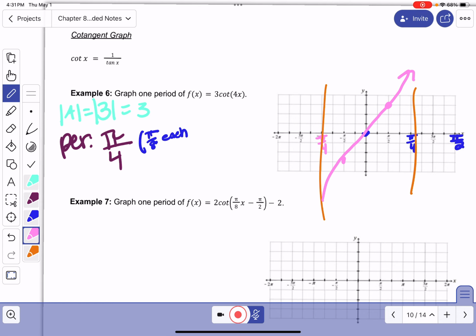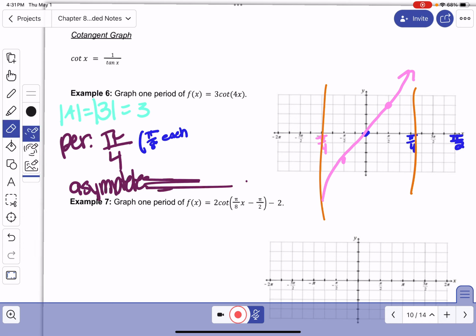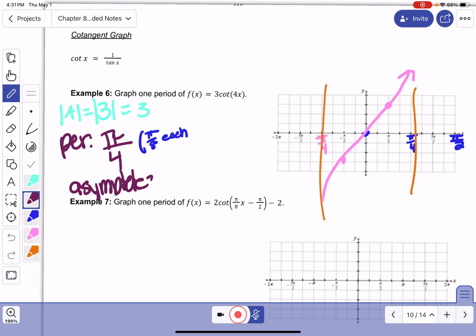Now, the way this works is the asymptotes, those orange lines, become the new intercepts. So these become our new points.